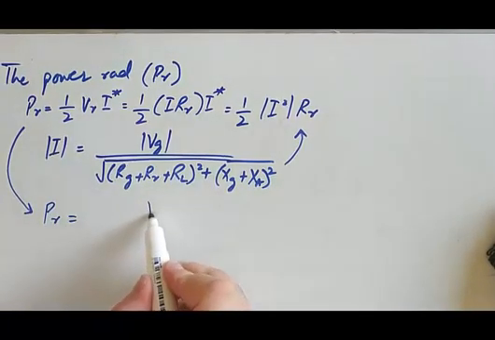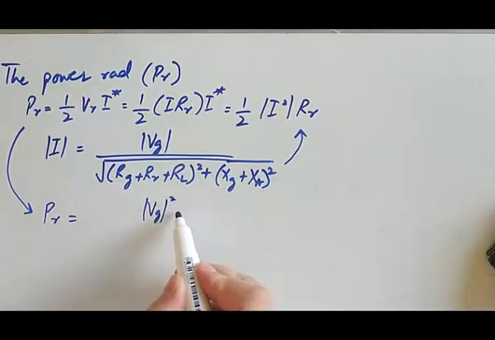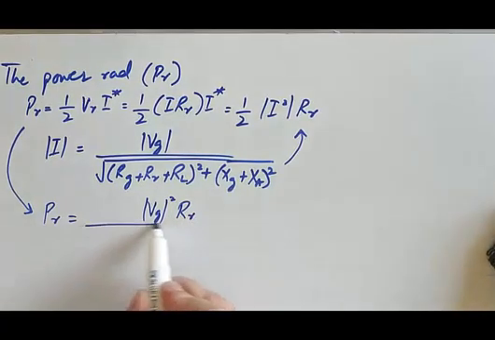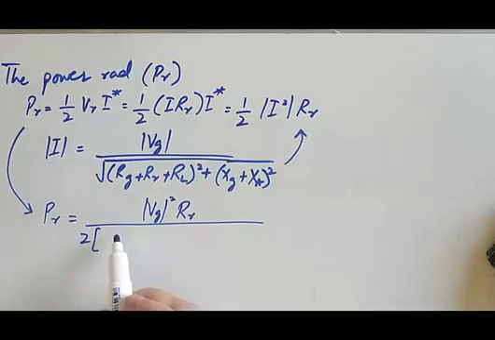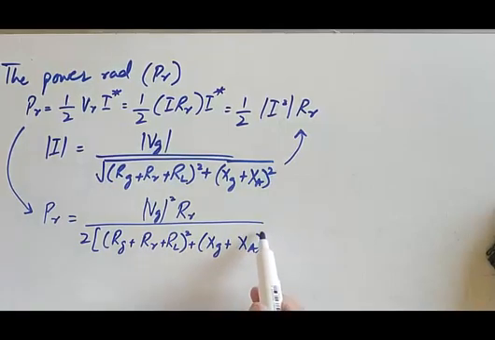equal to, if you solve it a bit, |VG| squared RR divided by 2 times (RG plus RR plus RL) whole square plus (XG plus XA) whole square.